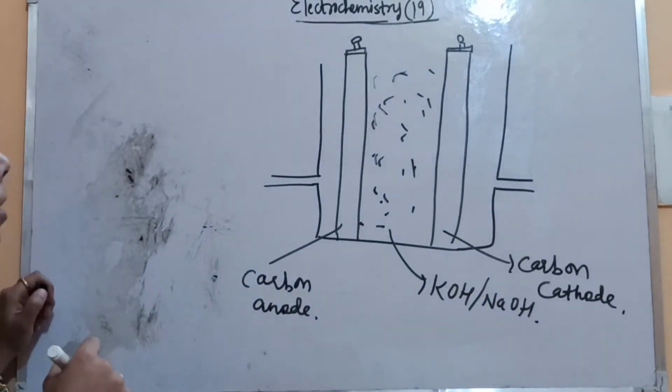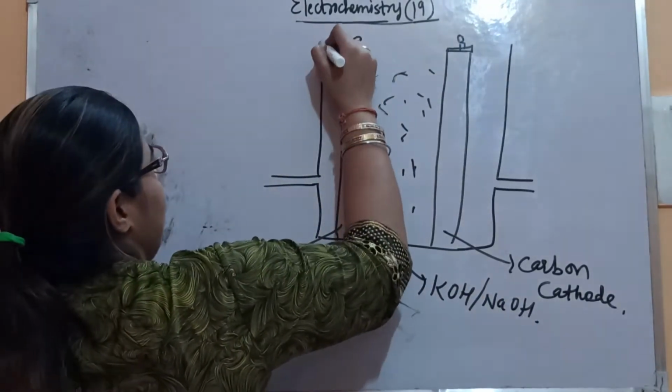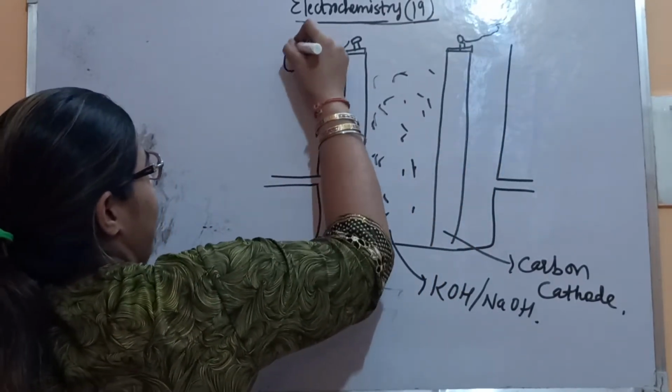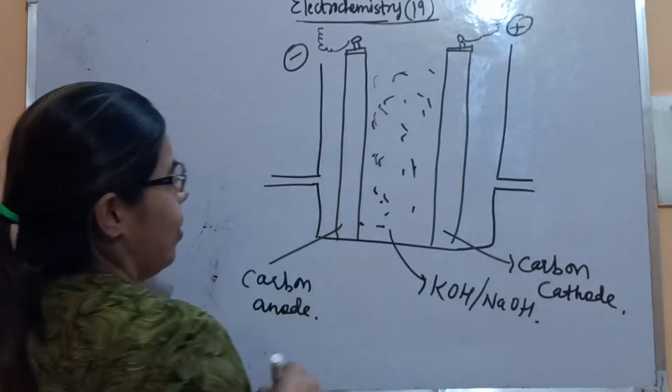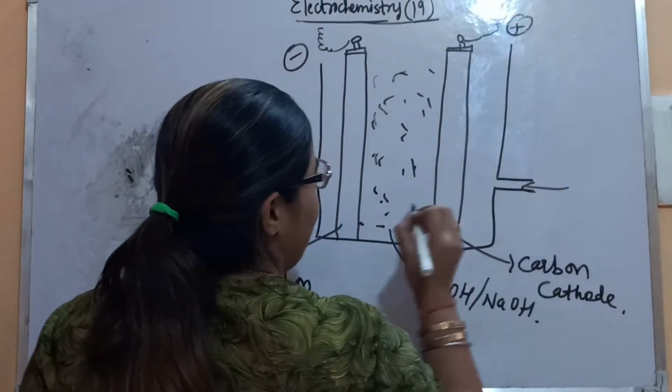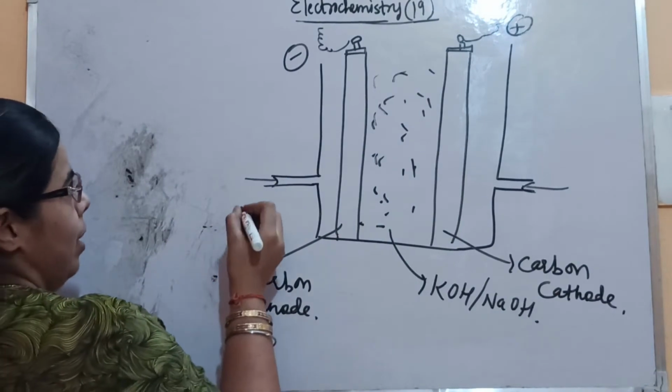And these are connected. This is your carbon anode, so negatively charged. This is the positively charged cathode. From here, hydrogen and oxygen gases are bubbled, which act as fuel.